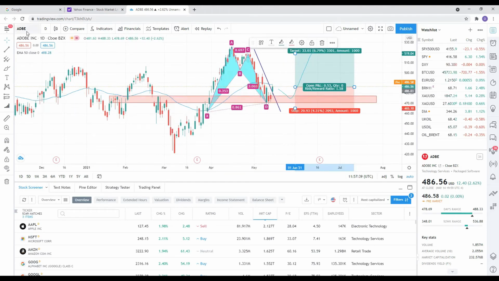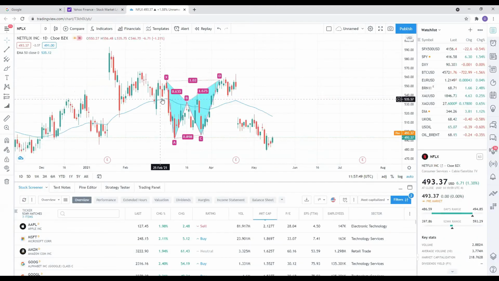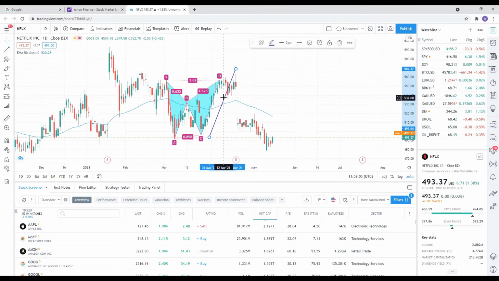Let me give you another example. This is a harmonic chart pattern right here, but we missed the opportunity to buy. So the harmonic chart pattern was formed. This was the trend line we want to break. Let's see, trend line somewhere around here.